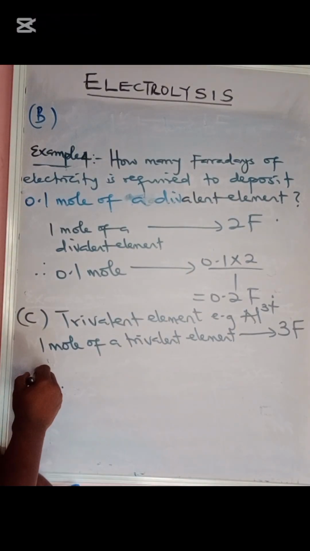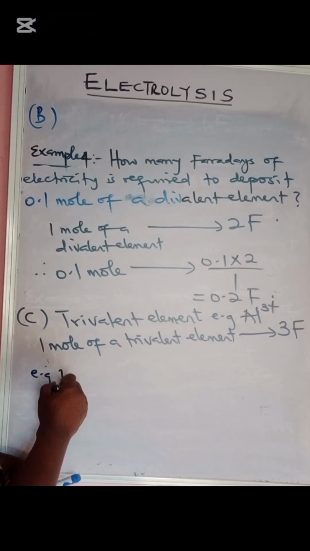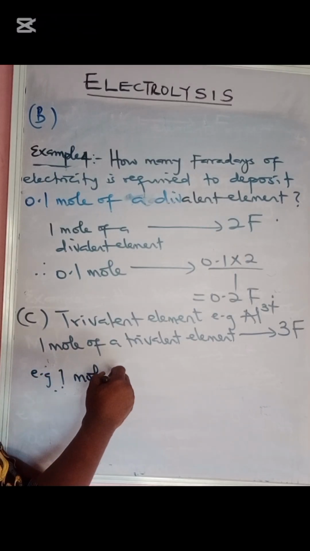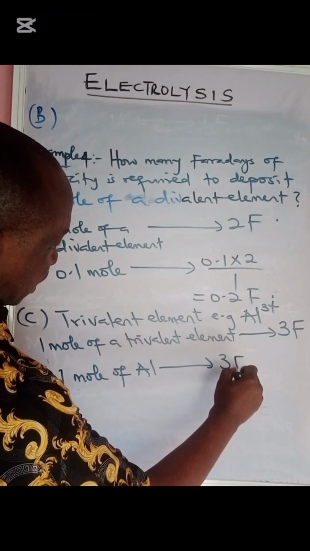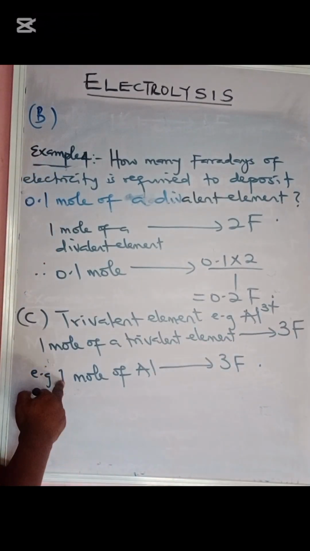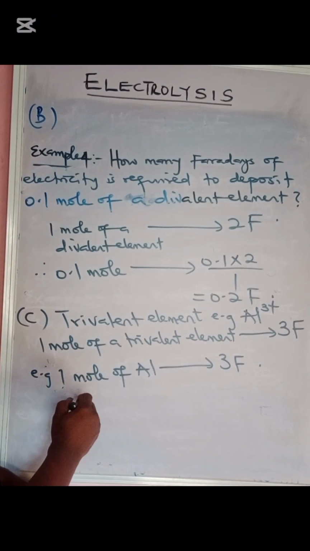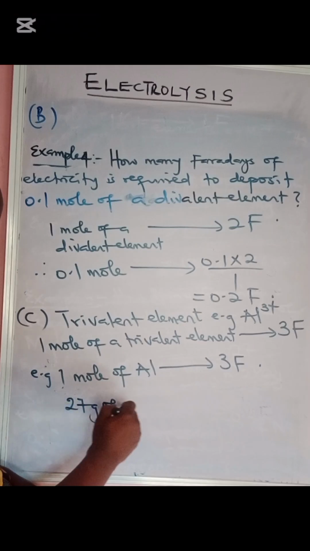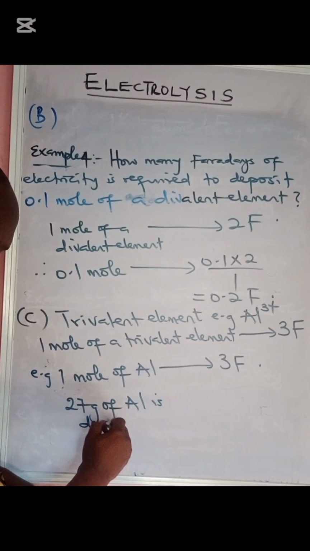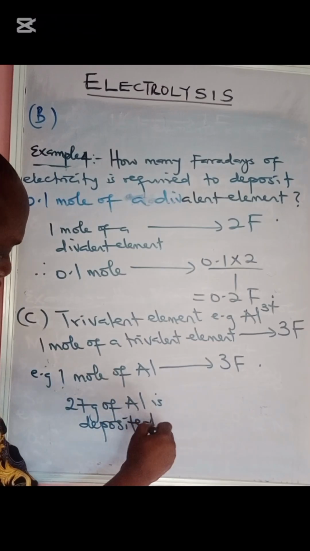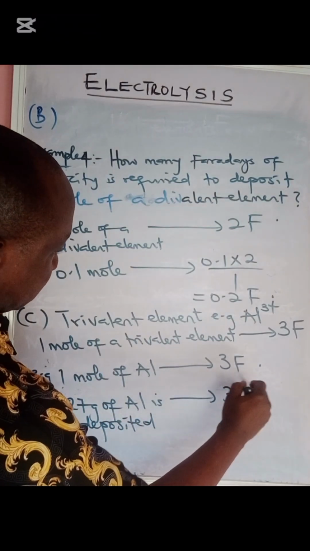For example, for aluminium, 1 mole of aluminium will require 3 Faraday, and 27 grams of aluminium is deposited by 3 Faraday.